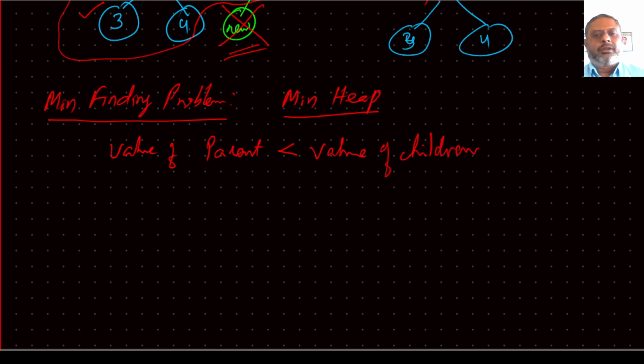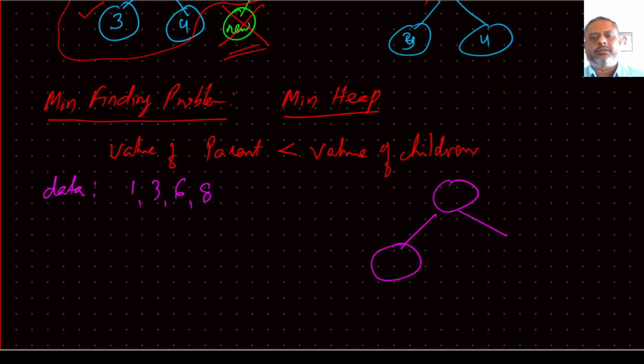So if you are talking about values, say we have data like 1, 3, 6, 8, 10, yeah, there are 4 nodes. So the structure is supposed to be this 3, and the fourth one has to be here. Now what you have to say is the parent has to have a value less than the children.